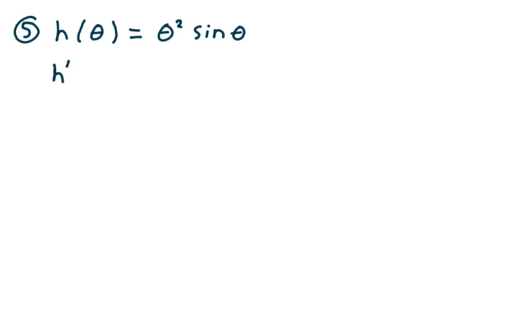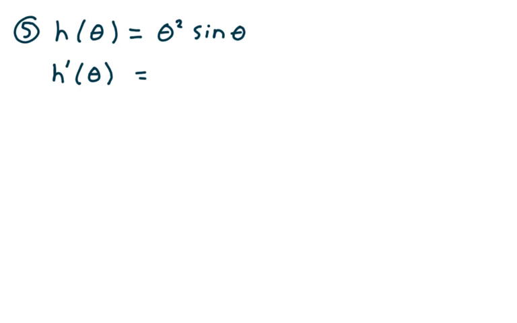If we take a look at problem 5, if I have h of theta equal to theta squared sine theta, that's a product of two functions. With a product of two functions, we need to apply the product rule. And remember, you're taking the derivative in context.